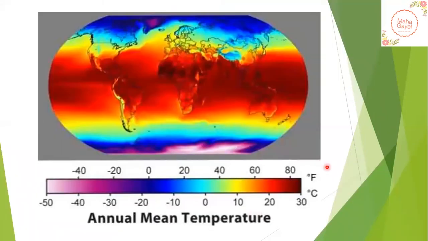Now, after we have got familiar with thermal imaging, what do you think about this thermal image of the whole world? Yes, I think now it's very clear that the region here at the equator is the hottest, the dark red color.